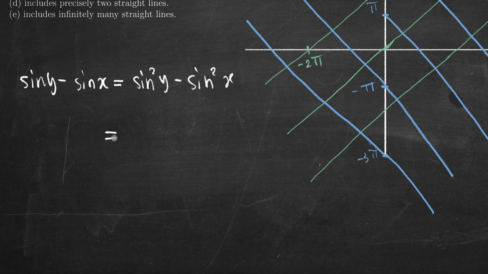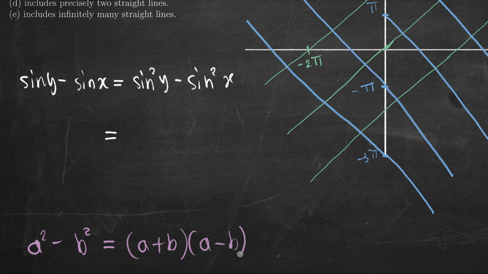So again, you can always factorize that. A squared minus b squared is always the same as (a plus b) times (a minus b), right? That's the difference of two squares. Crops up all the time. And we can do that here. So sine y minus sine x is the same as (sine y plus sine x) times (sine y minus sine x), like that.